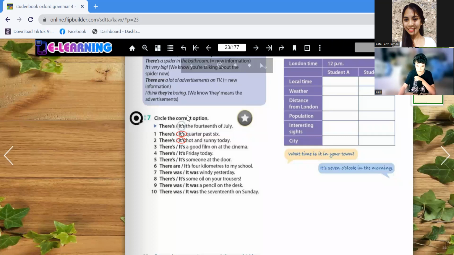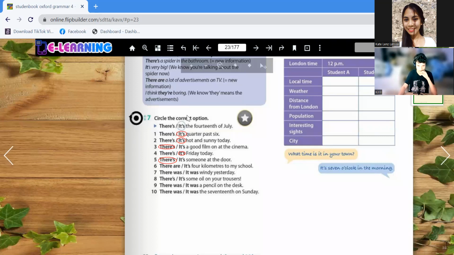It is, because it is a date. It is Friday today. There is or it is someone at the door. There is, because there is used about someone.